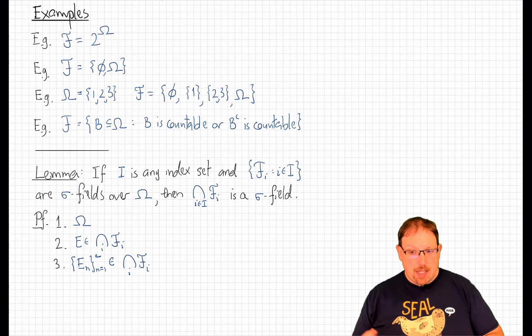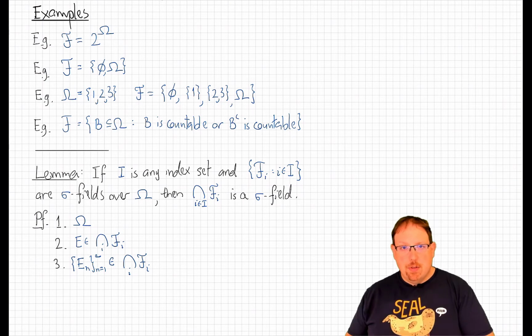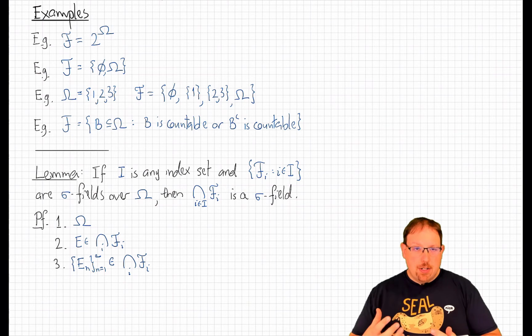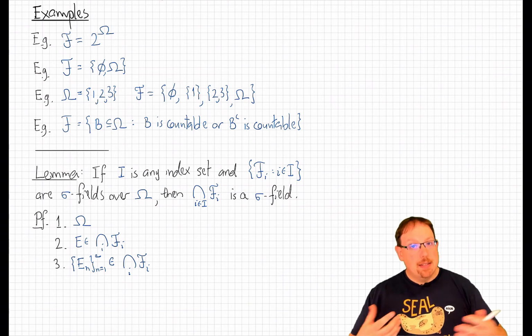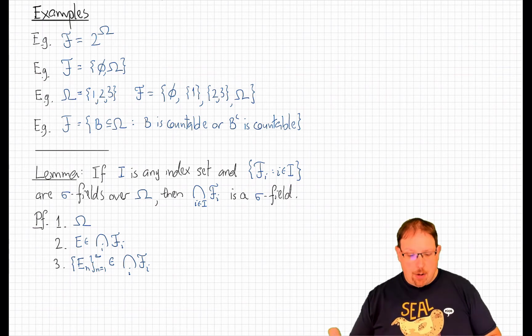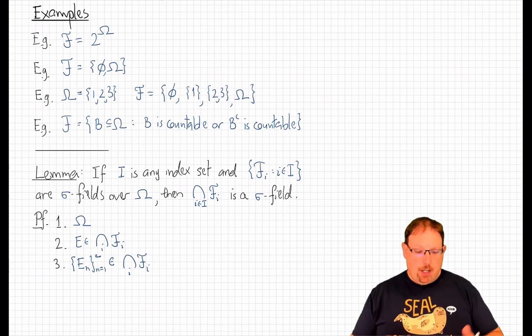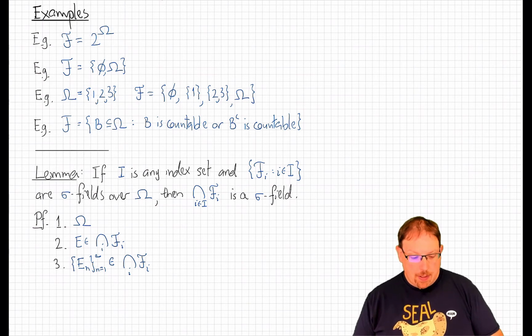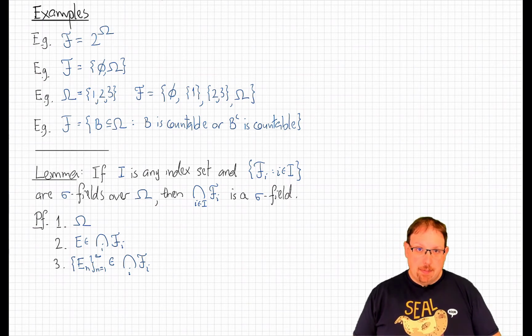A co-countable set is one whose complement is countable. So what if I take the union of two co-countable sets? Well, by De Morgan's law, that's the same thing as the complement of the intersection of two countable sets. Since the intersection of two countable sets is countable, we have a co-countable set. Similar arguments will show you that a union of a countable and a co-countable set is again either countable or co-countable. I'll let you work out which one. And so F is a field.